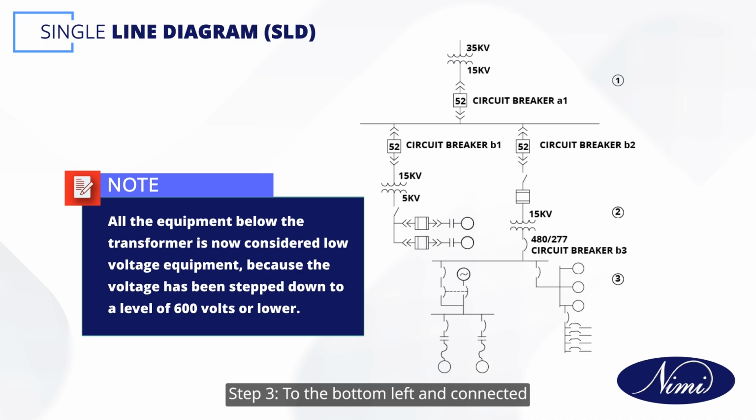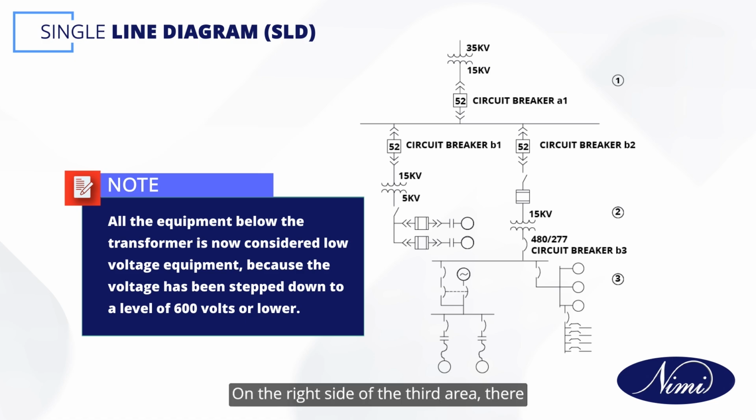Step 3. To the bottom left and connected to the bus is another fixed circuit breaker. There is an automatic transfer switch symbol. Also notice that a circle symbol which represents an emergency generator is attached to the automatic transfer switch. A low voltage motor control circuit is attached to the automatic transfer switch through a low voltage bus.